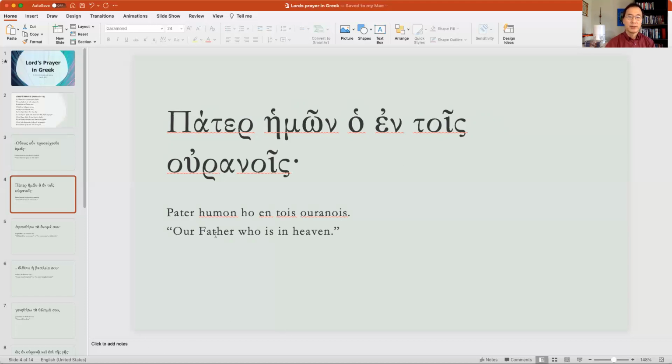tois, ouranō. So if you see a long word, you can cut it by syllables. U, ra, noise, 3 syllables. U, ra, noise. Okay. So one more time, let me read it and you can repeat after me.